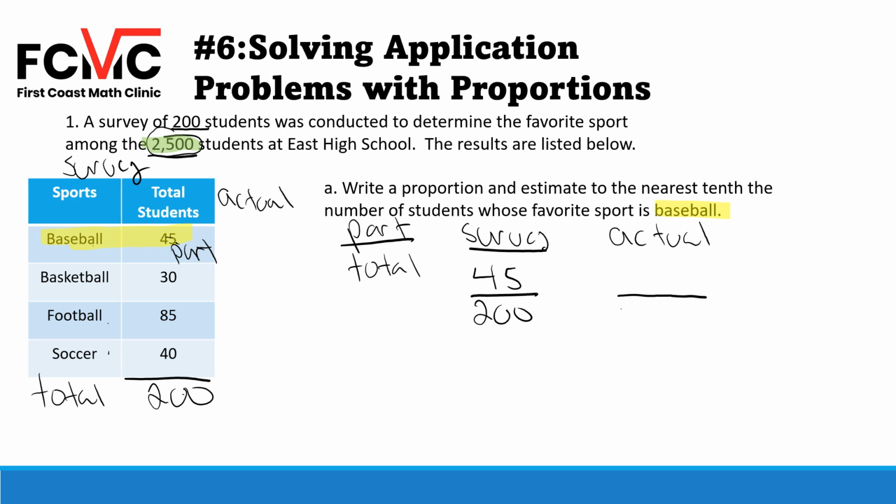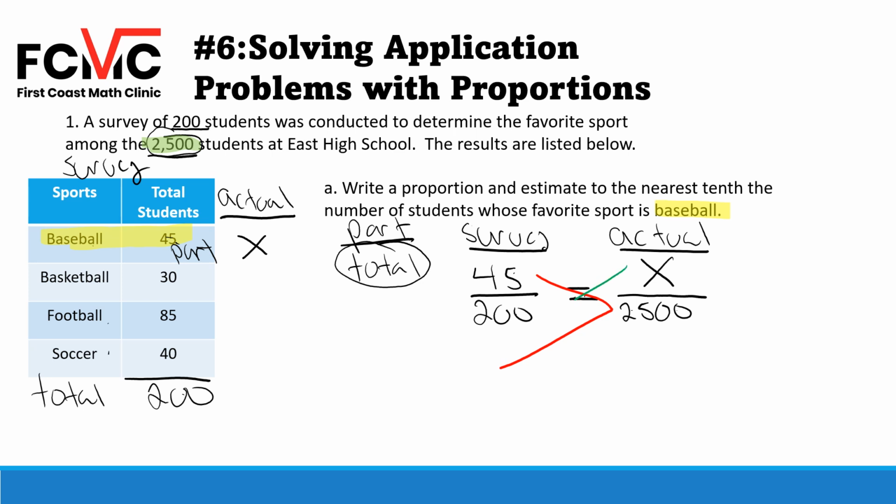So 2,500 should be in our denominator, as our total, and our part, that's our actual, that's our unknown, so that's going to be x. And this is going to be our proportion. 45 out of 200 equals x out of 2,500. So now we can cross multiply this and just solve our proportion like we would normally.